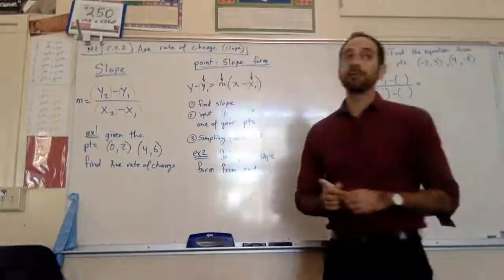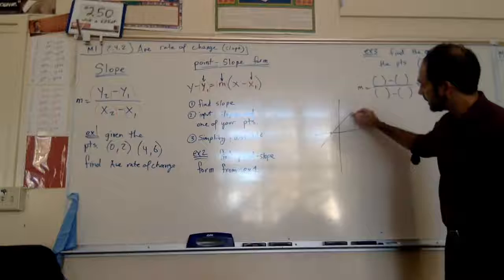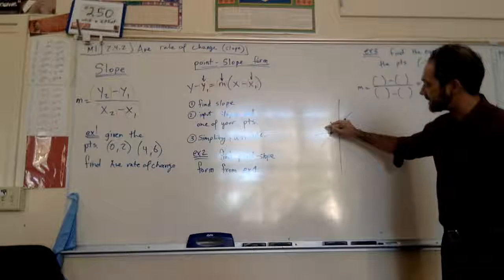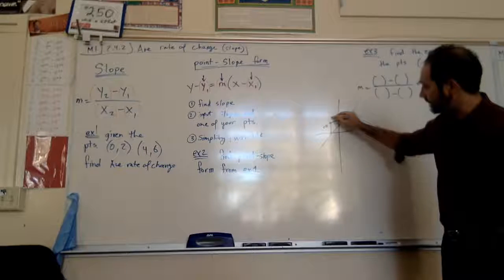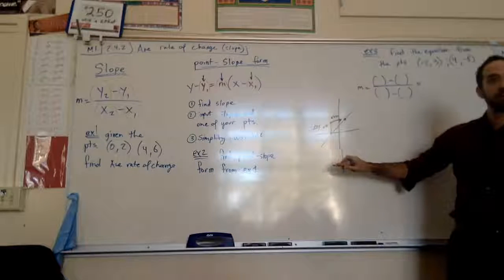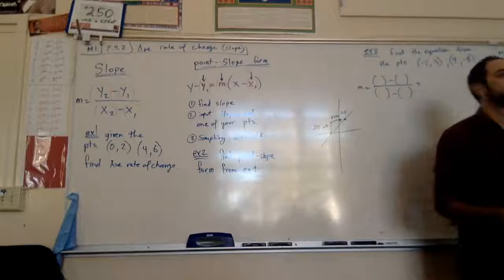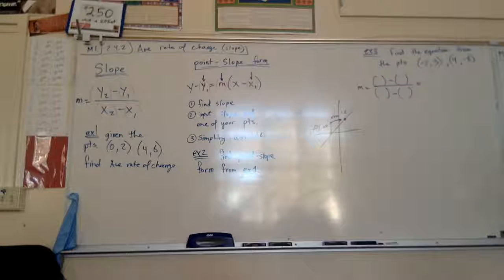You guys have seen slope before. You know that when we have a line going through 2 points, you can find the rise over the run, which is basically the rise is your change in your y's. The run is your change in x's. Triangle is change, it's a symbol for that. So it's just the rise over the run.